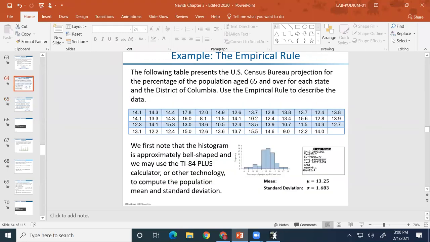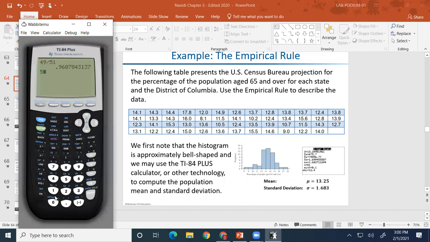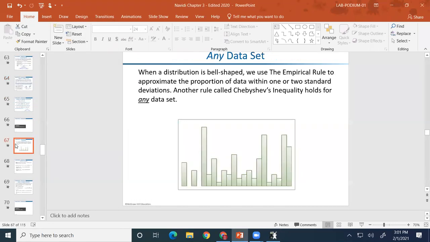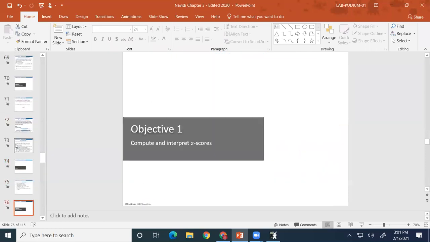And then if you calculate that, well, that's 50 over 51. So 98%, so getting close to almost all. So the rule actually does work. I mean, it's not exact, that's why they say about or approximately.